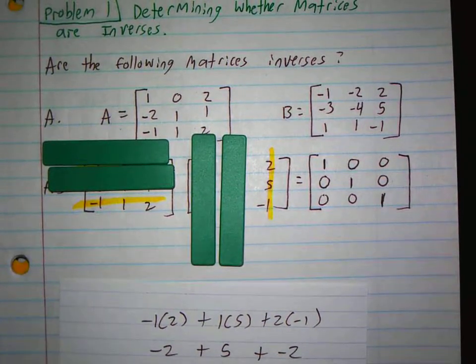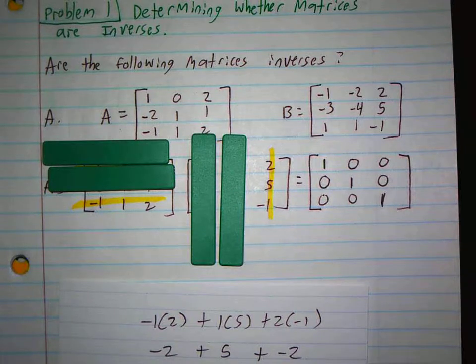So, do we know that matrix A and B are inverses? Did we get the identity? Yes? We did. Is that enough? To show that two matrices are inverses, you have to take A times B and B times A. So guess what? We're only halfway done.